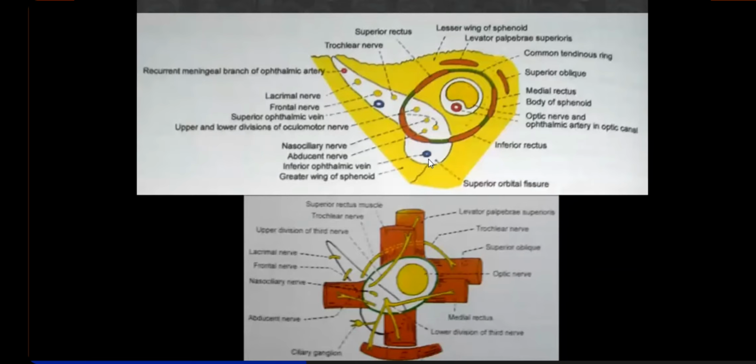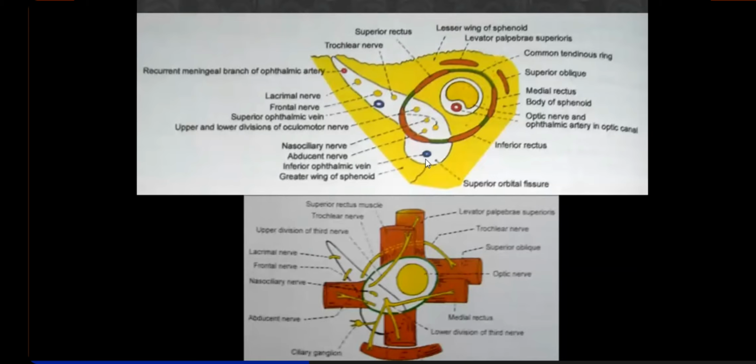So the inferior ophthalmic vein has a few options. Either it passes or dips through the inferior orbital fissure and will drain into the pterygoid venous plexus, or it will communicate with the superior ophthalmic vein within the orbit, and through this it will drain into the cavernous sinus.